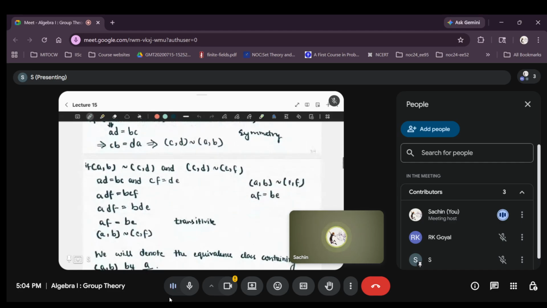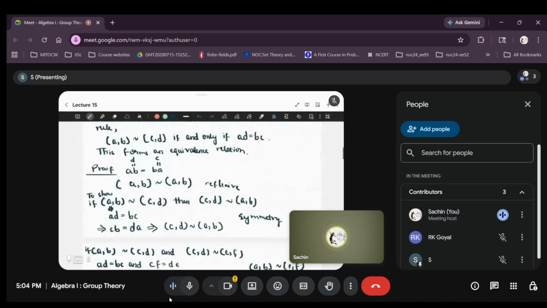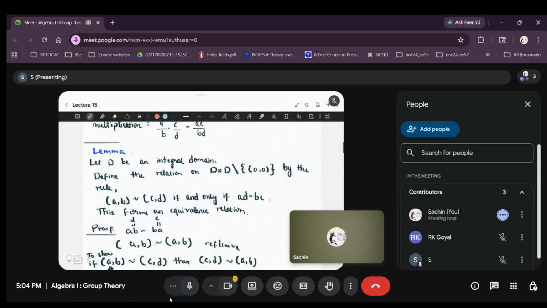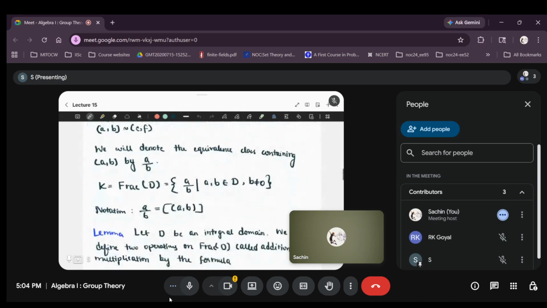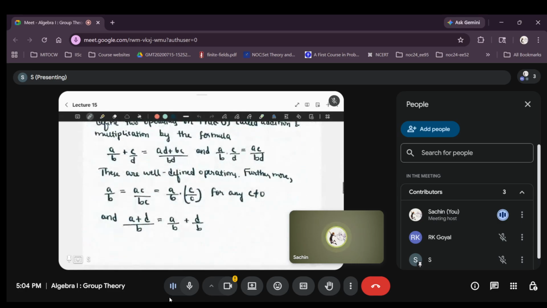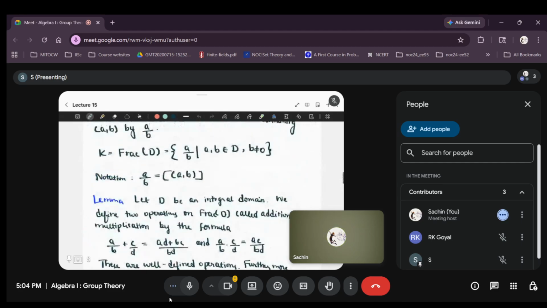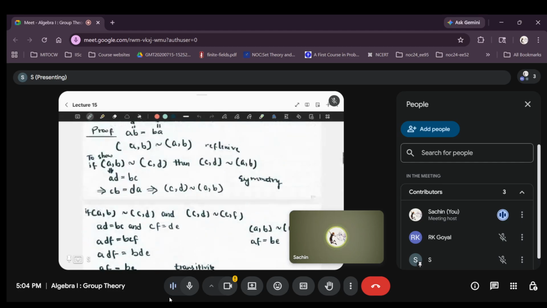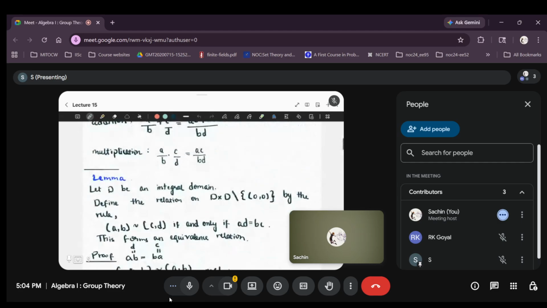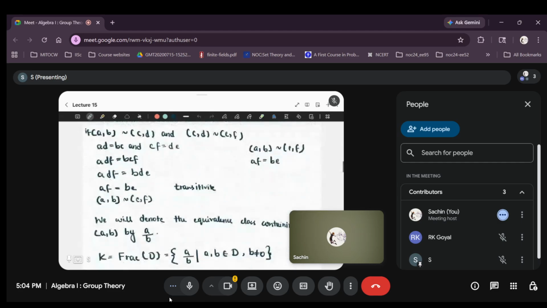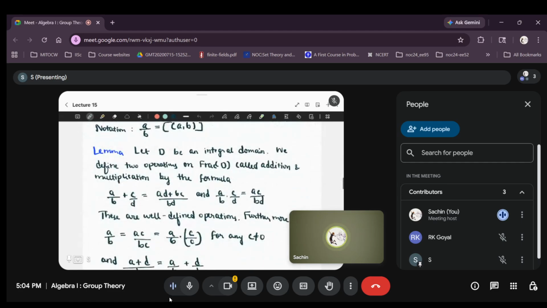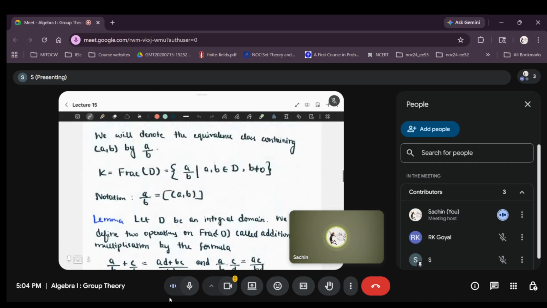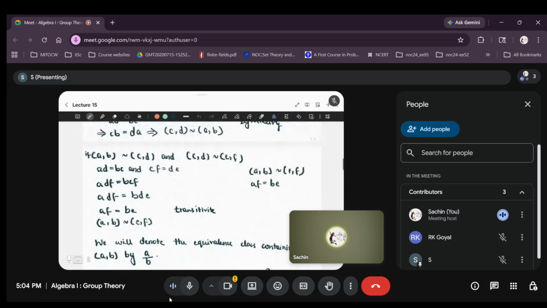Then on that we defined the addition operation as a by b plus c by d is equal to (ad plus bc) by bd. Then we defined the multiplication operation by a by b into c by d is equal to ac by bd.